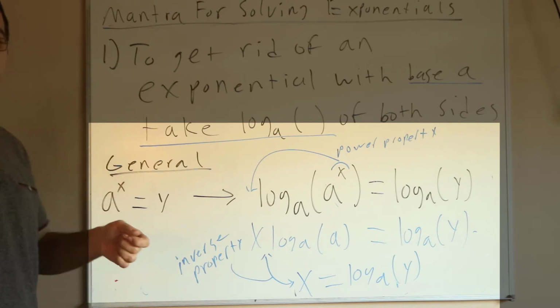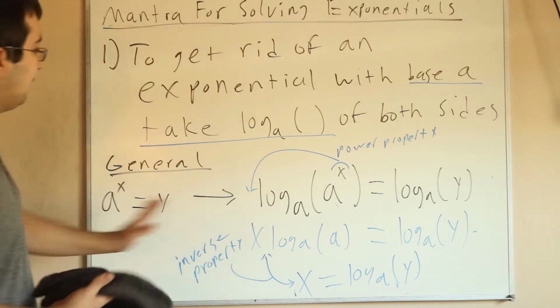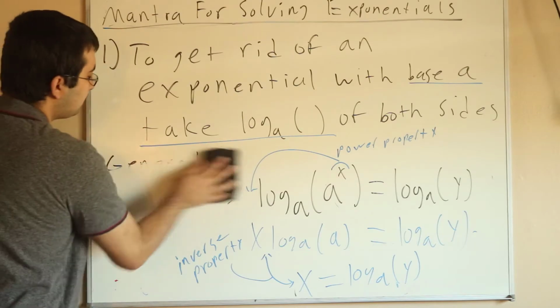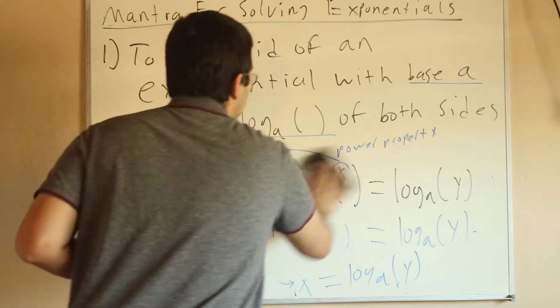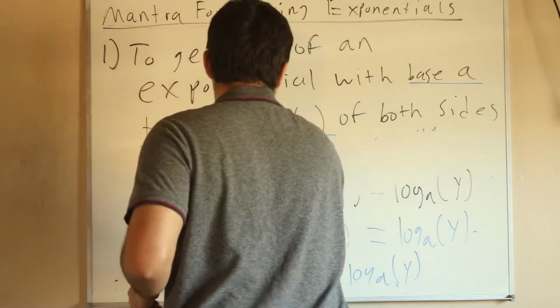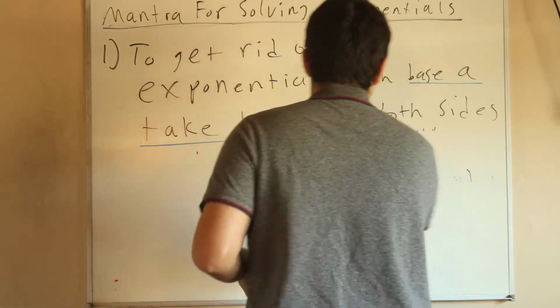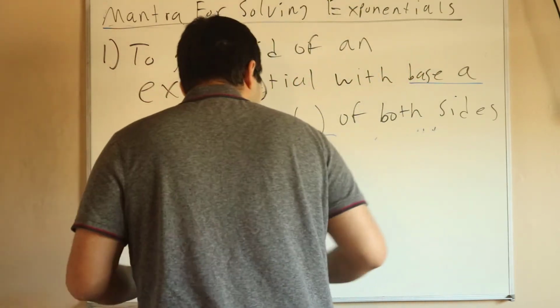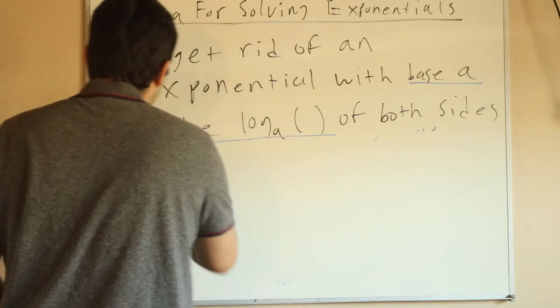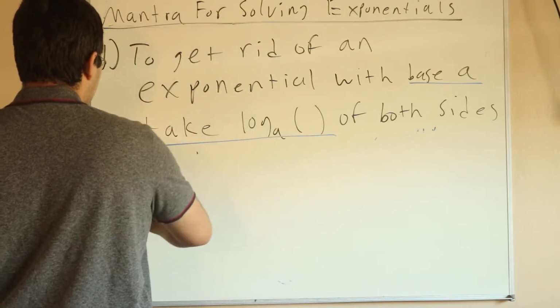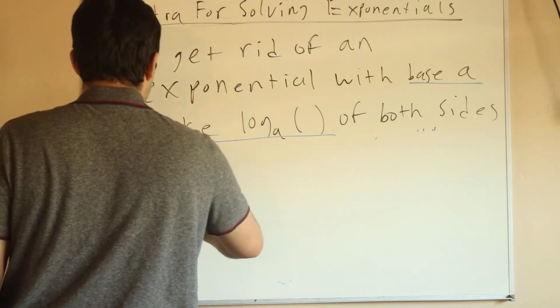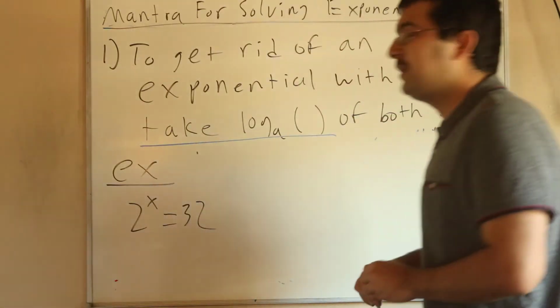So pause. Okay, so I'm going to erase this general part. Okay, so a quick example. Let's go back and look at that original exponential equation we considered: 2 to the x equals 32, right?